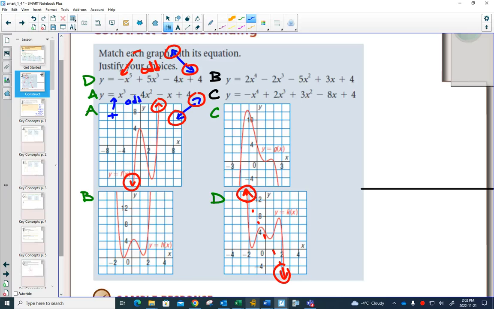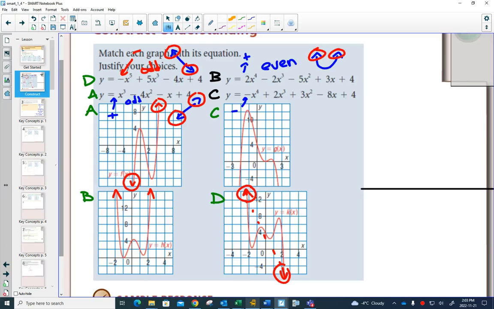Then we get to our two even functions here. Both of these ones are even. This one has a positive number in front, and this one has a negative number in front. What does a positive parabola look like? It opens up with its end behavior up in the top. That matches up with this one.